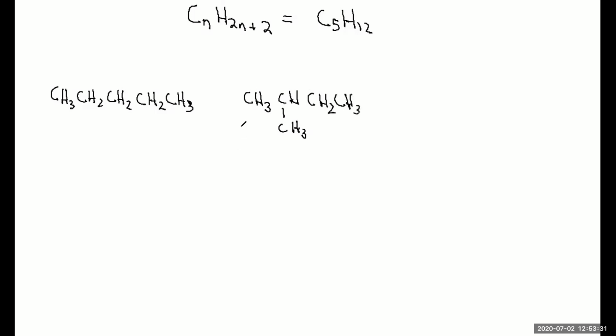So this would be another constitutional isomer. The first compound is called n-pentane. We'll get to nomenclature a little bit later. This is 2-methylbutane, because 1, 2, 3. Now you look for the longest main chain.